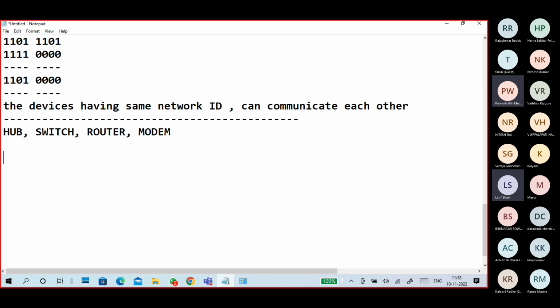Or what is switch? Or what is router? What is modem? What it is means what it will do. Second question is differences. Switch and modem differences. Hub and router differences. Or hub and switch differences. Okay. That is the question, right?